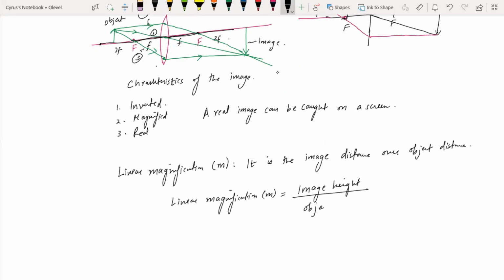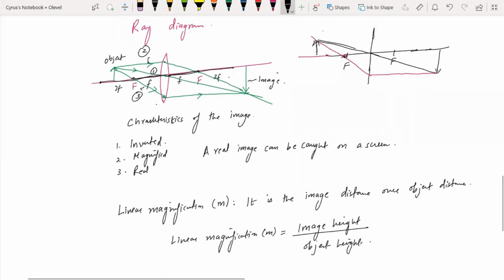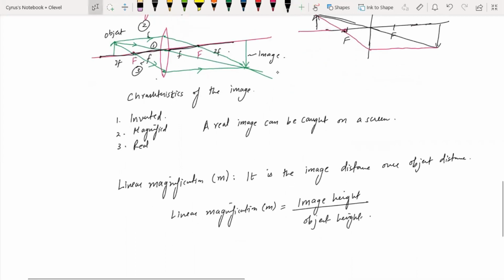I'm just going to write that. अगर आप इमेज की हाइट मेजर करें रूलर से, फॉर एग्जांपल ये हाइट आ जाती है 3 इसकी इमेज की. आपने रूलर से ऑब्जेक्ट की हाइट मेजर की, वो आ जाती है 1.5 फॉर एग्जांपल. तो लीनियर मैग्निफिकेशन हो जाएगी 2. इसका मतलब है वो दो गुना ज्यादा उसका साइज बढ़ गया, राइट? It has increased its size twice. Is that clear to everyone? Image height over object height.